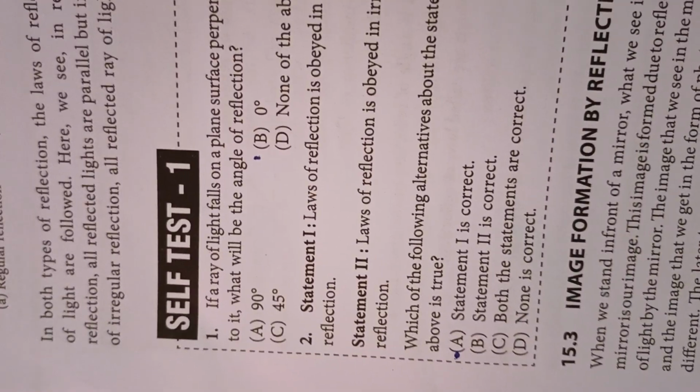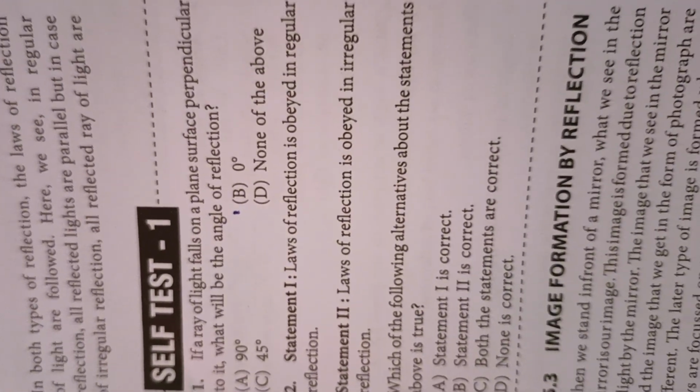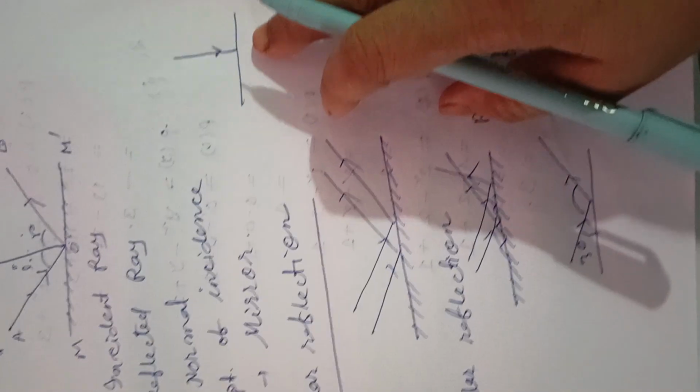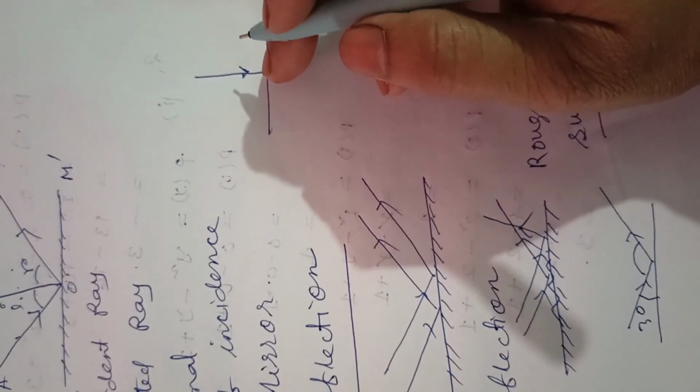See question number 1. If a ray of light falls on a surface perpendicular to it, what will be the angle of reflection? The light falls perpendicularly. If we draw a normal at the point of incidence, the incident ray and the normal coincide.